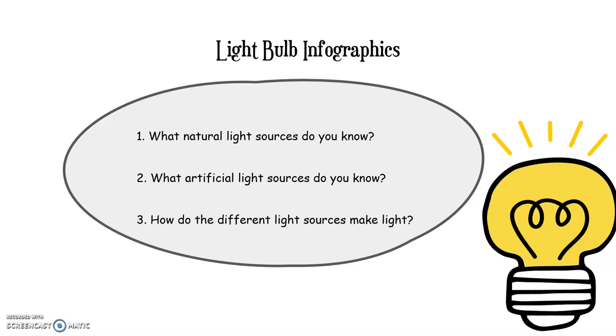Okay, and then number 2, what artificial light sources do you know? What's the example of artificial light? Yes, candle, fire, torch, lamps, street lights, traffic lights, computers, televisions, mobile phones, and etc. And then number 3, how do the different light sources make light?